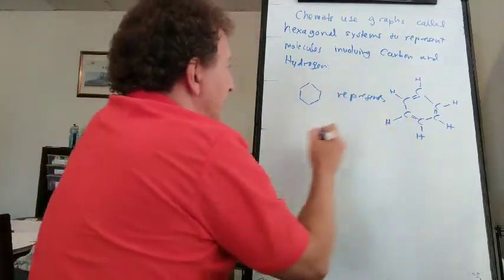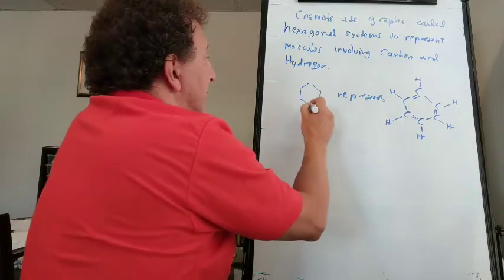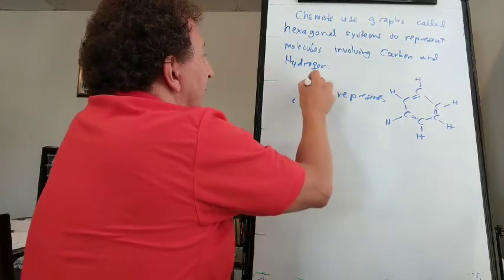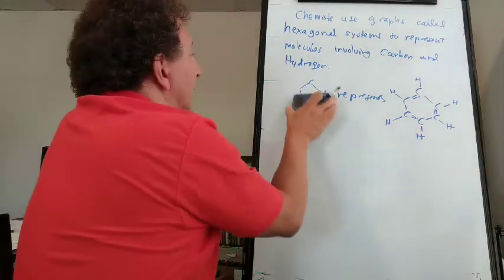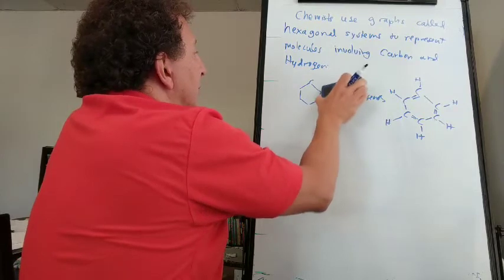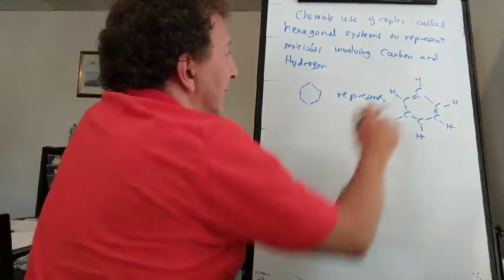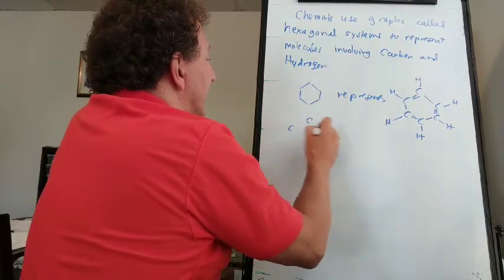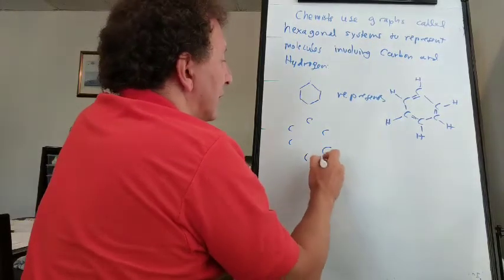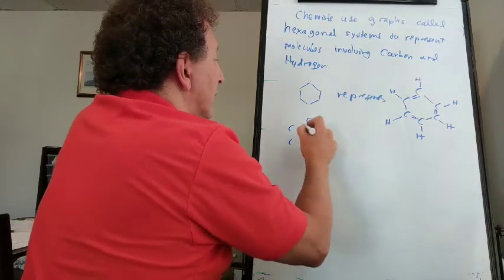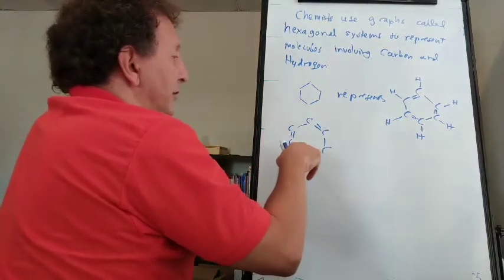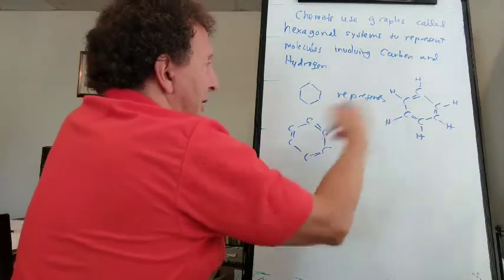Actually, the average of that and this, well, let me leave this hexagon alone because this one is representing that molecule, and so I put the double bonds and single bonds in opposite places here.